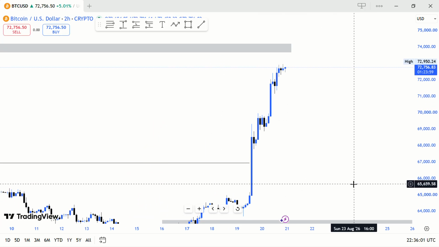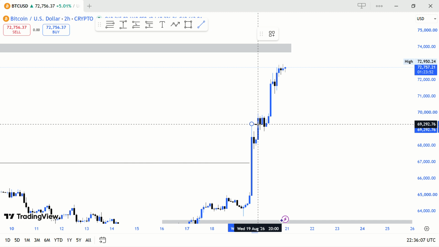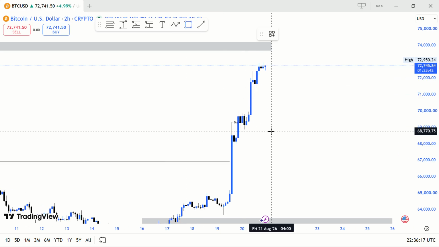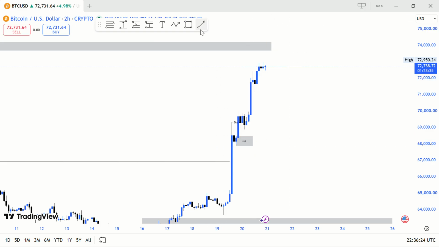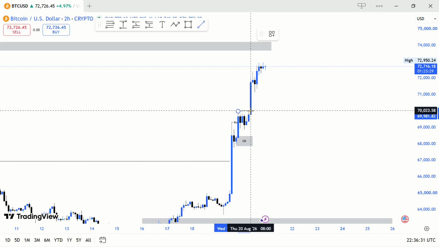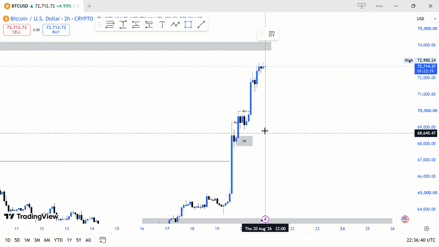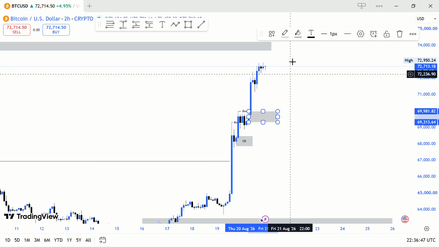So from the 2 hour time frame, we saw that there was a break of structure here to the upside. Then price refused to mitigate this order block. Thereafter, we got another break of structure to the upside here, and leaving another order block, unmitigated.